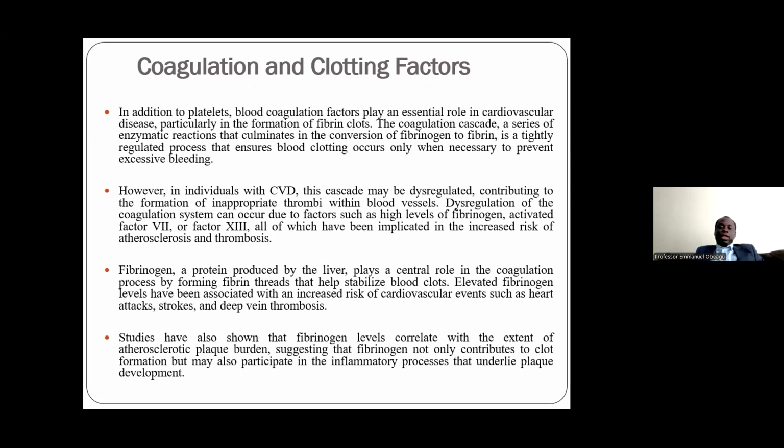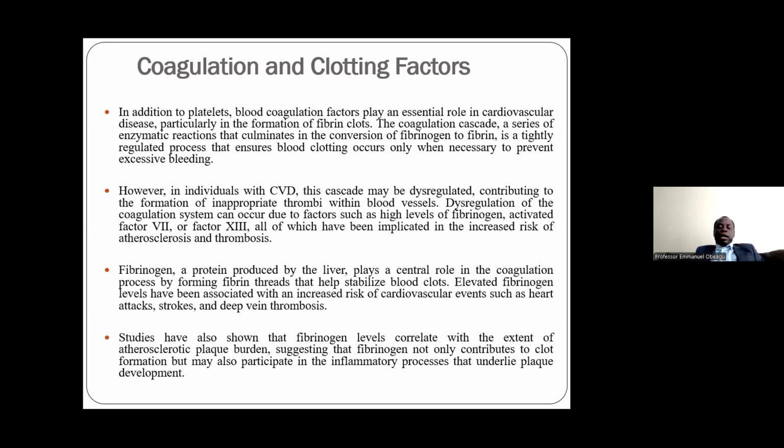Another aspect we need to consider is coagulation and clotting factors. It is highly related to the first one, which I have explained, involving platelets. Of course, you know the link between platelets and the coagulation system. Here, our major concern involves fibrinogen, which forms fibrin, which tries to arrest the bleeding, and other factors like factor 7 and factor 8 are also very critical in this.